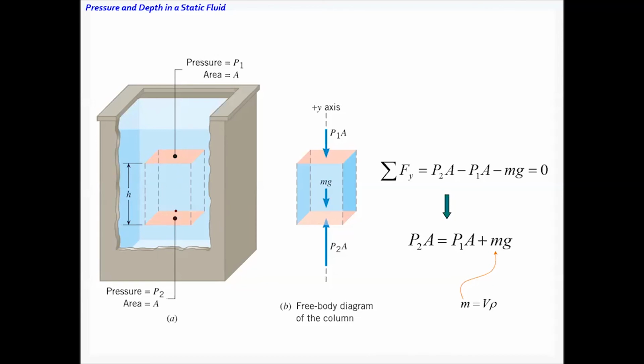What I'm trying to say here is, how are the pressure at this point and the pressure here related? I call this point 1 and this point 2. How is the pressure between 1 and 2 related? That's what I'm trying to do.